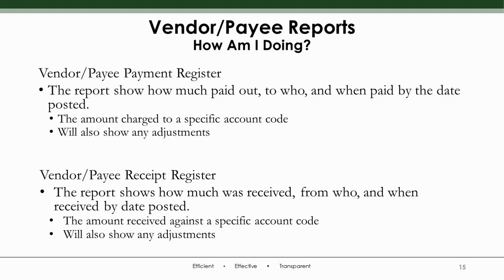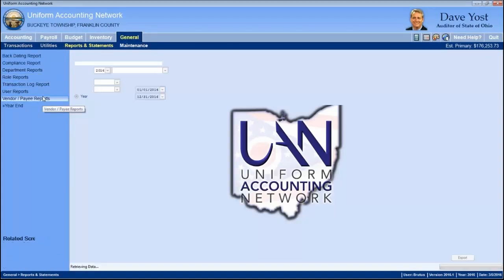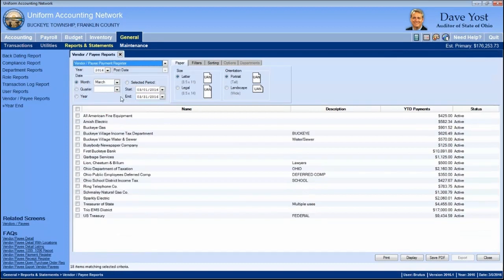Let's see how that works. By going into General, Reports and Statements, Vendor Payee Reports, I can then access the Vendor Payee Payment and Receipt Registers.